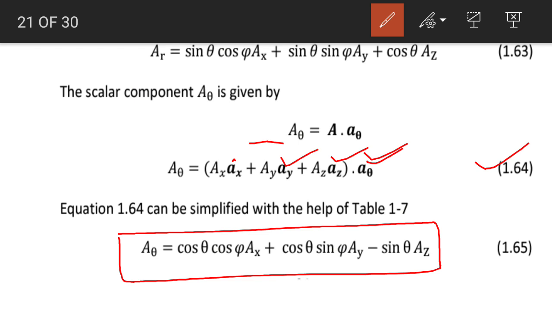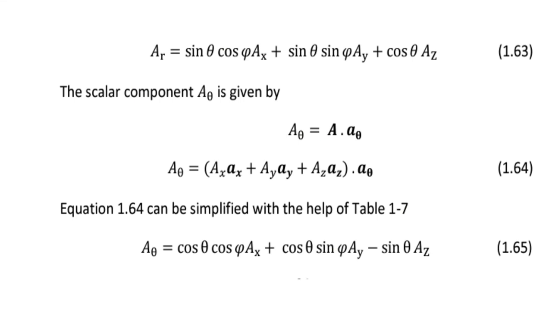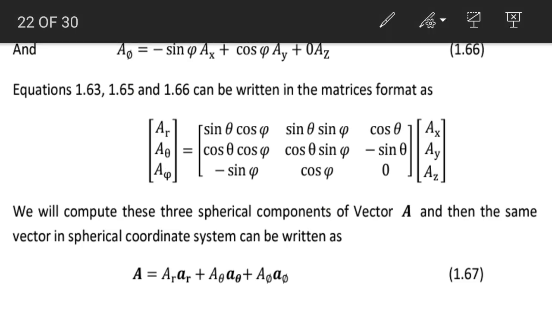So you see there are three components of this component: cos theta cos phi AX plus cos theta sin phi AY minus sin theta AZ. And we already know the phi component of this vector.